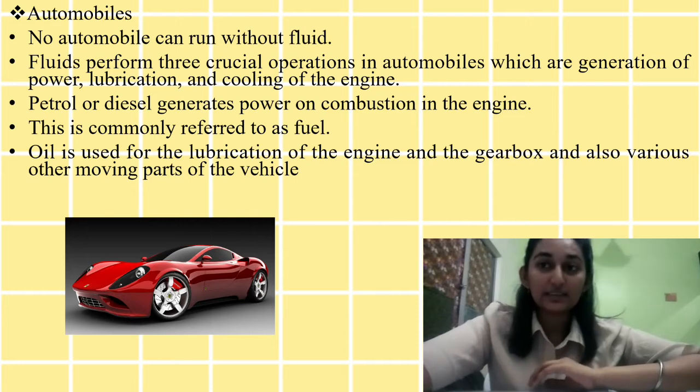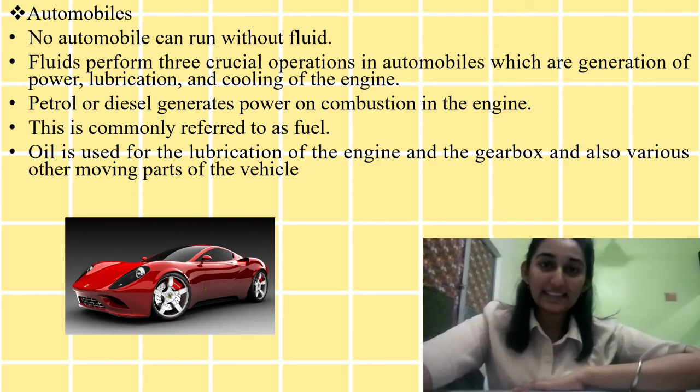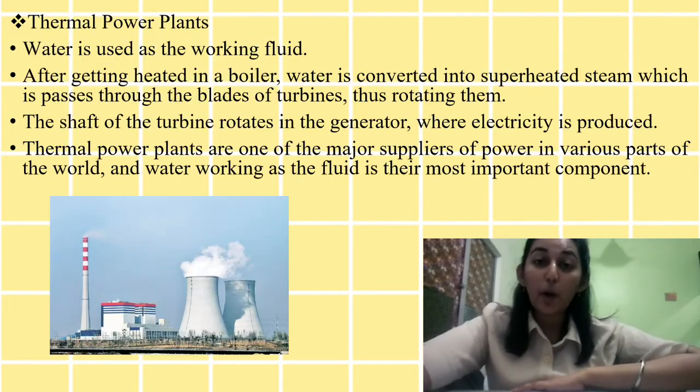Last but not least is thermal power plants, where water is used as a working fluid. After getting heated in a boiler, the water is converted into superheated steam, which passes through the blades of turbines and rotates them, where the shaft of the turbine rotates in a generator.